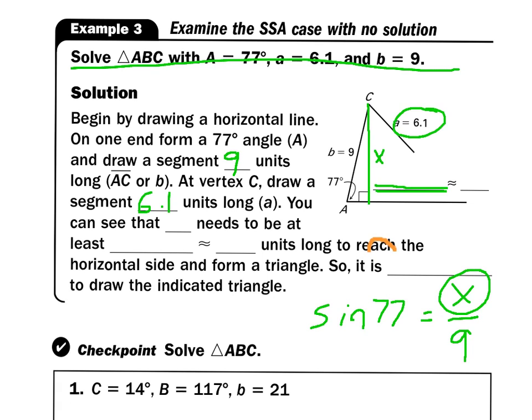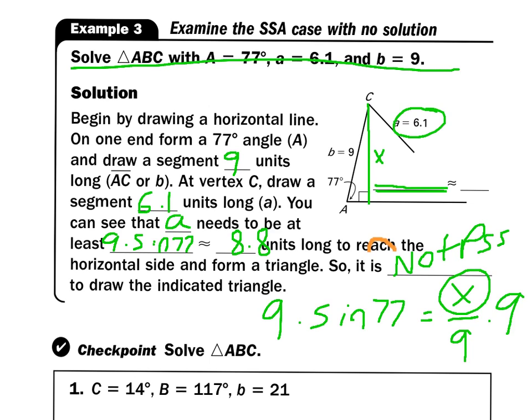And we can see that a needs to be at least, if I multiply both sides by 9 here, 9 times the sine of 77. 9 times the sine of 77 would be the minimal that it could be if it was just a right angle, which is 8.8. Well, simply 6.1 isn't quite 8.8. That makes this not possible. And you're going to have to play with those a little bit and see how you get. Not possible. All right.